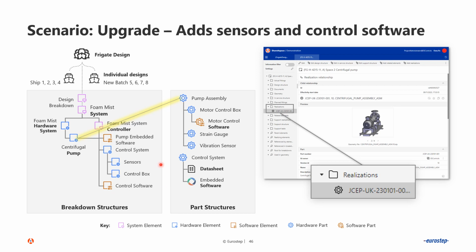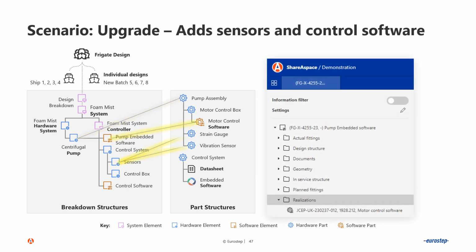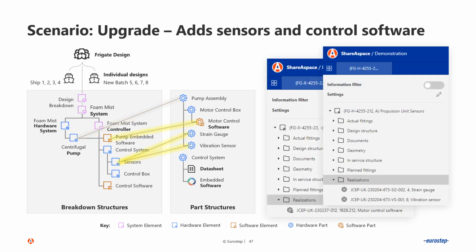So back to the demonstration. As we saw before, the pump in the breakdown is realized by the pump assembly, and you can see this here in Eurospace. Continuing on, you can see that the software element is realized by the software part, and the sensors is realized by these hardware parts. And now what's interesting is that the single sensor system in the design system is realized by two parts in the assembly.